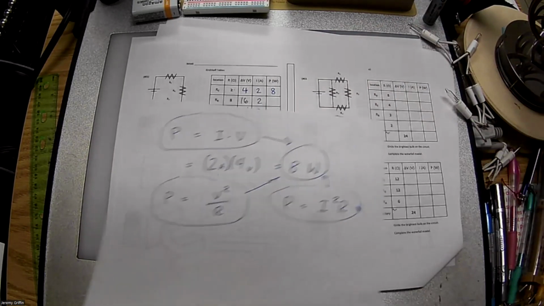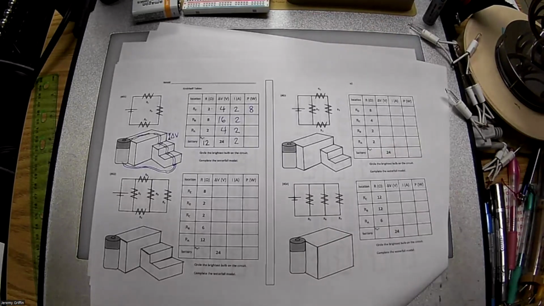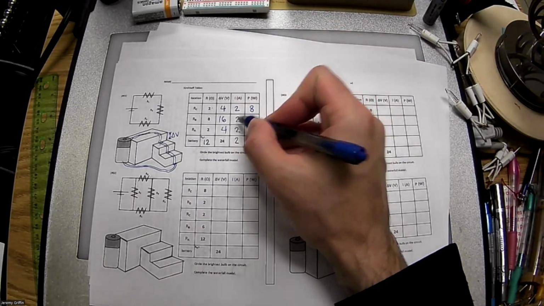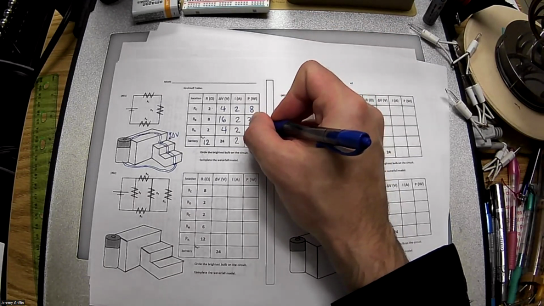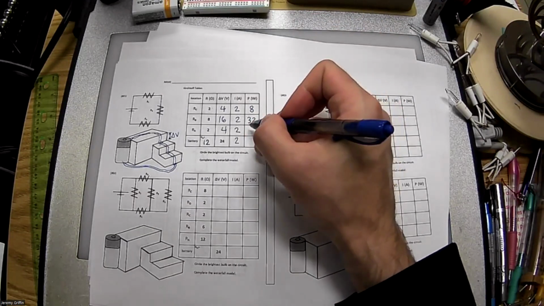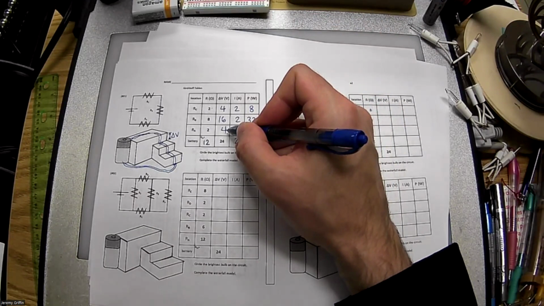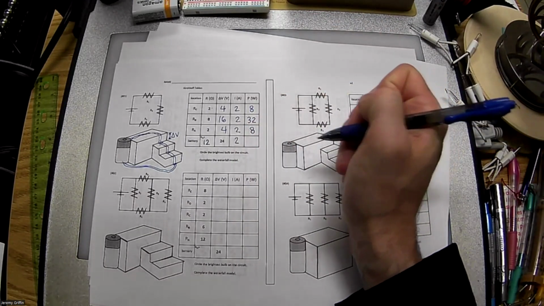Okay. Next row. Let's just do P equals IV. Power is current times voltage. What is 2 amps times 16 volts? 32 watts. Resistor A. What is 2 amps times 4 volts? 8 watts. Good.